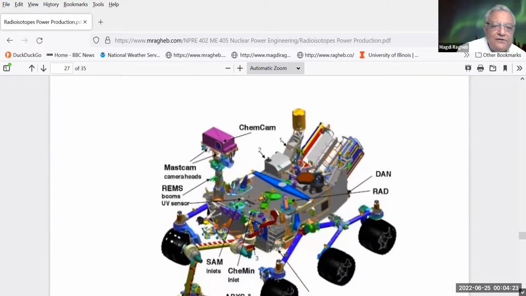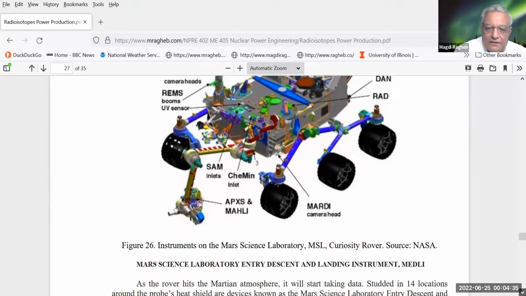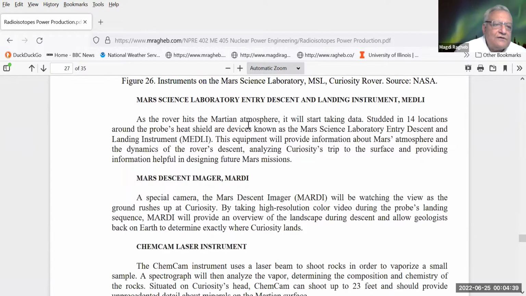Some of the instruments you could see here, they give them names, but absent is the photovoltaics. It's now all using the radioisotope electrical generator. So some of the scientific instrumentation is the Mars Science Laboratory Entry Descent instrument, they call it the MEDLI, the Mars Descent Imager, MARDI, the ChemCam laser instrument.